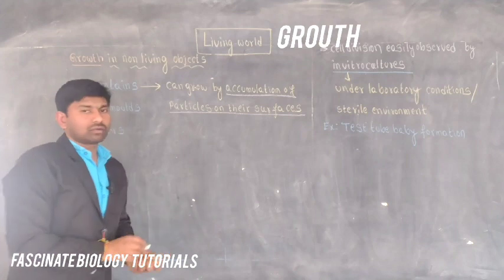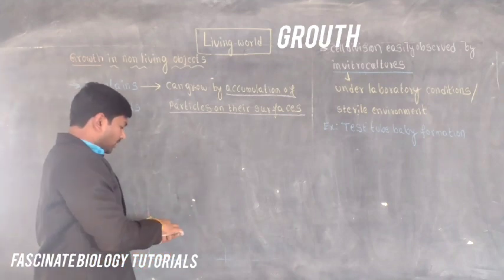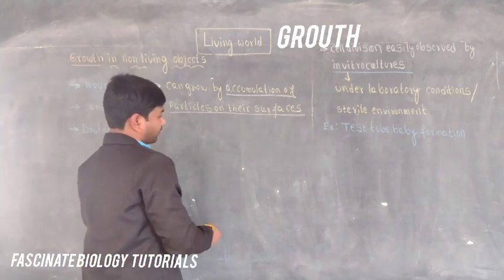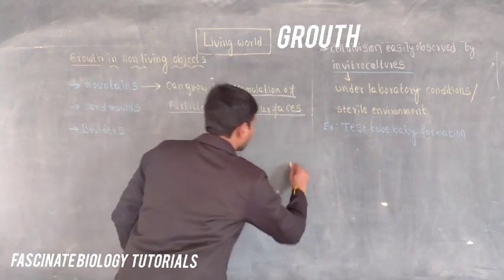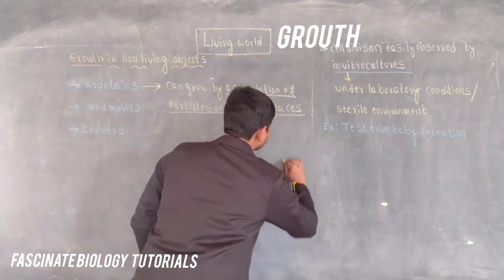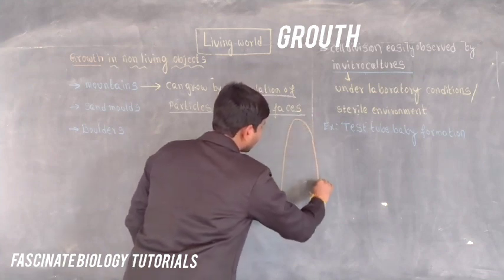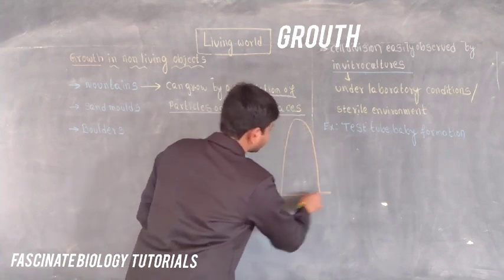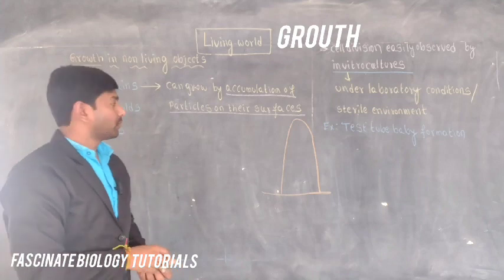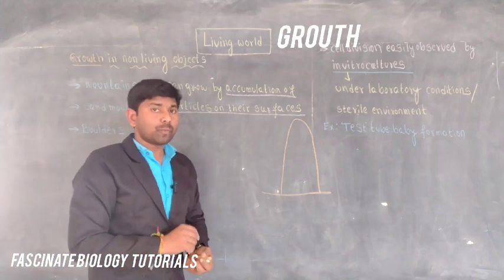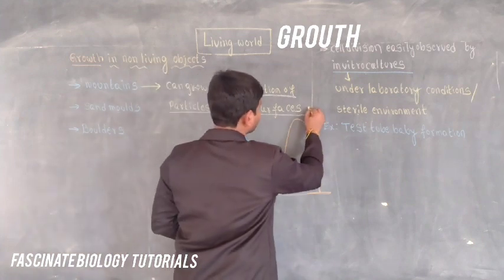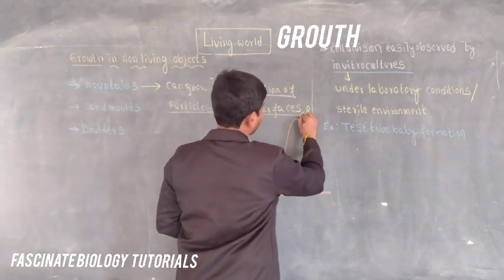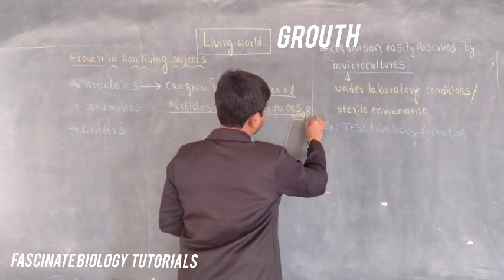What do you understand now? Take the best example, Mount Everest in winter season. In winter season, what do you observe? The accumulation of snow particles here at the top position.